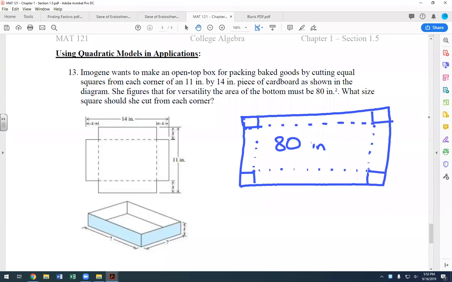So if that's going to be 80 square inches, we know originally the cardboard has a length of 14 inches and a width of 11 inches. How do you think we can come up with our equation? Right, so 14 minus 2x. Where are we getting that from?